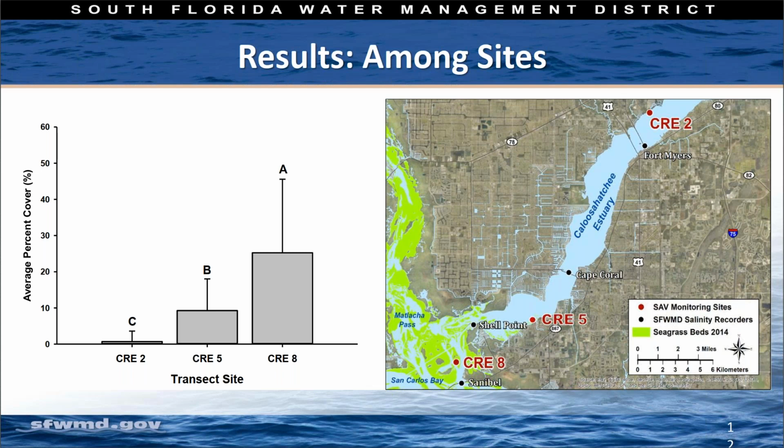SAV mean percent cover at CRE varied significantly by year and was significantly lower in 2019 than in either 2020 or 2021. Mean seagrass percent cover in 2020 and 2021 did not significantly differ.